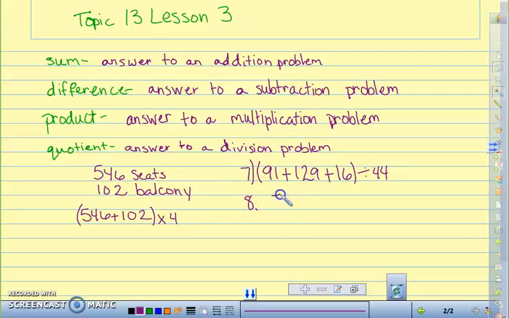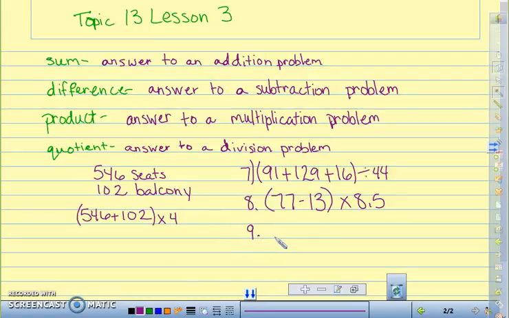So I would take 77 minus 13, put those in parentheses, and then I am going to multiply, because times and multiply, that by 8 and 5/10.